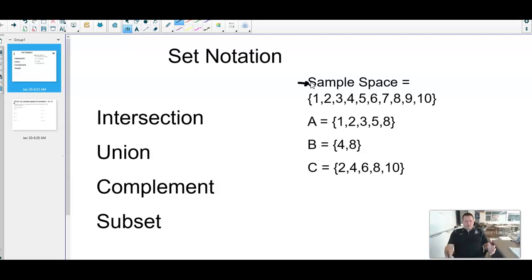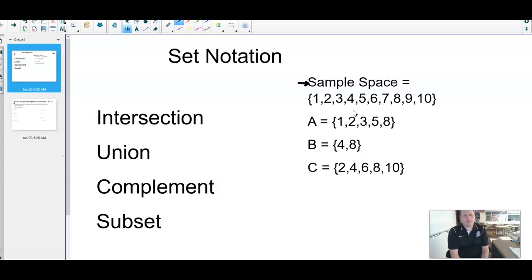For my example, there are 10 objects, and I'll just list them: object 1, object 2, object 3, object 4, and so on all the way to object 10. Okay, this, with the curly brackets, is what we call set notation. That's how we'd list all of our objects in the right notation, so to speak.